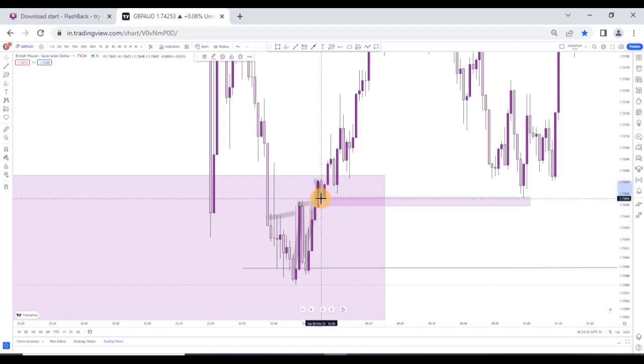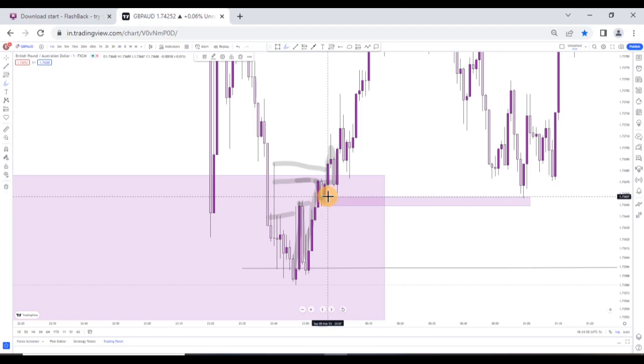We see this little pullback here, which is actually coming from this flip zone here. If you go back to the lower time frame, like the 15 seconds, 30 seconds, you see that this was coming from a nice supply zone. So this was a supply to demand flip, and you see how price now pushed back up. We see this pullback that mitigated this candle here.